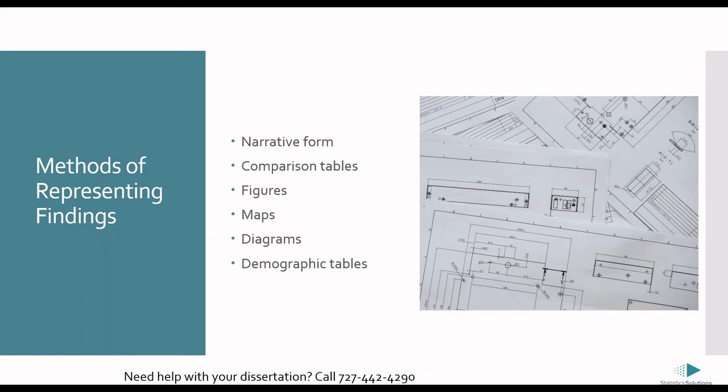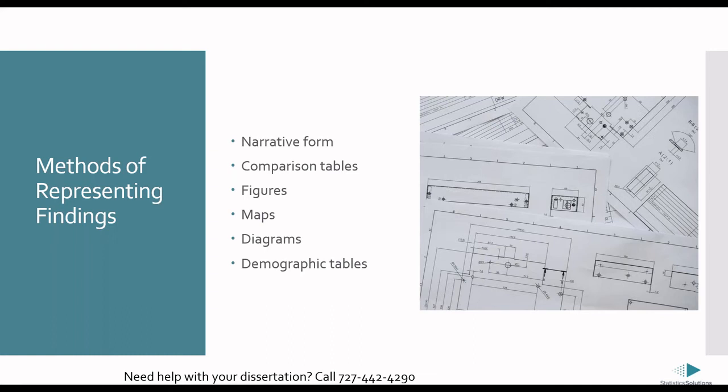And so we write our findings, we present our findings in a narrative format. But we can also provide tables, figures, maps, diagrams, demographic tables, all of these methods of presenting findings can be found in a qualitative results chapter.